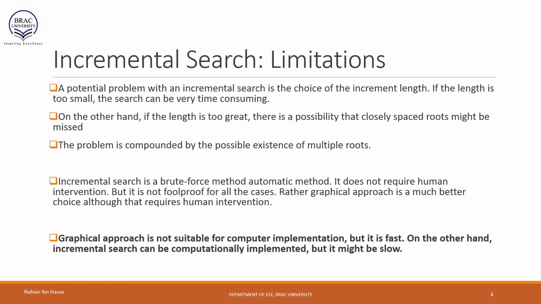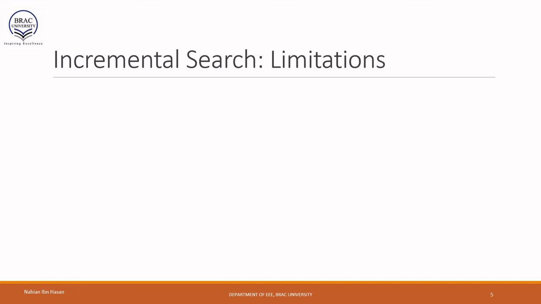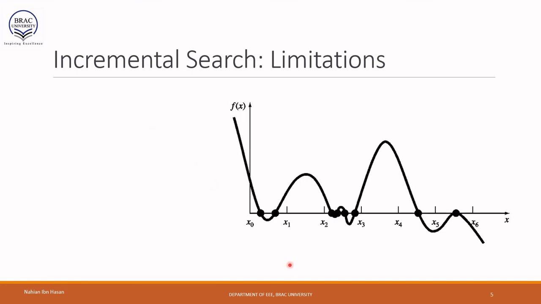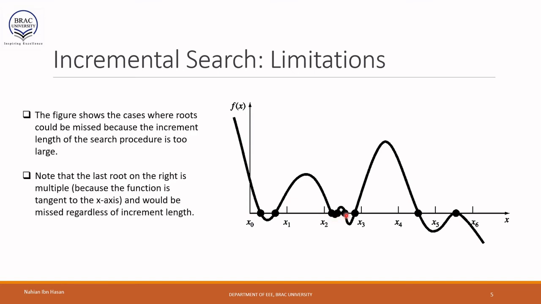So let's find a graphical illustration of what we mean by the limitations of incremental search. Look at this graph. There are some points where the intersection points are very closely spaced. These roots are very closely spaced. As a result, if we set the incremental step very large, it might be larger than the space between these two roots, and in those cases we might miss the root location.